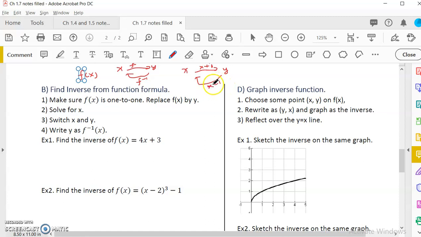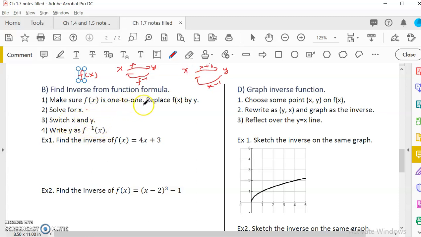But if there are multiple operations, how do we take care of it? The way to do it is to swap and solve for x, and then switch x and y. In this box, they solve for x, and then because x was the output for y, they switch x and y and then write it as the inverse function.